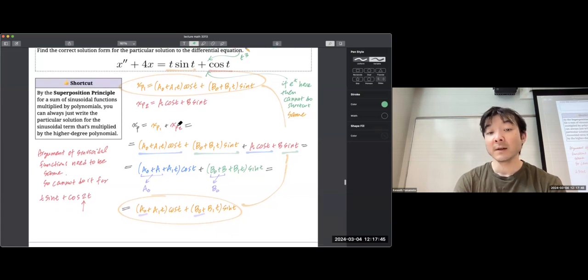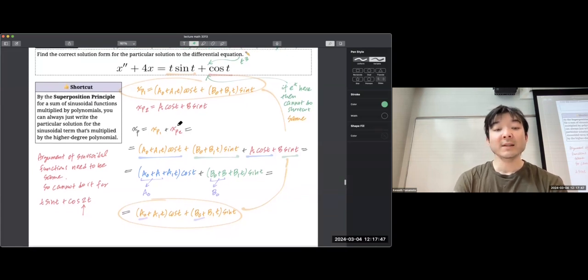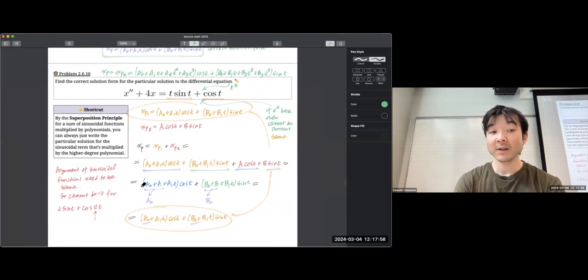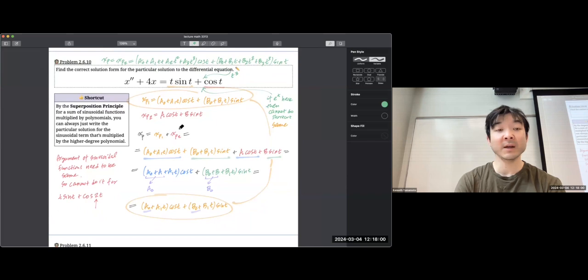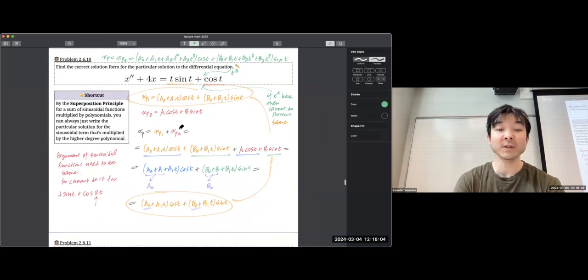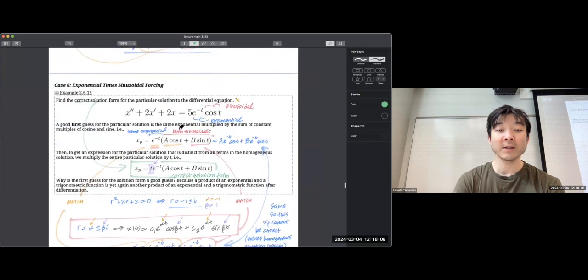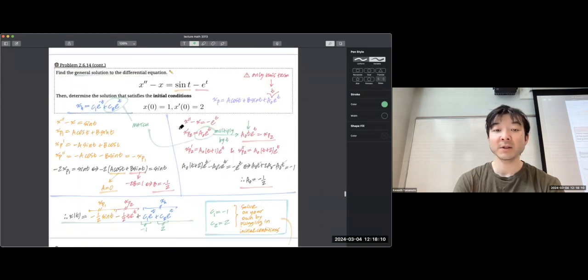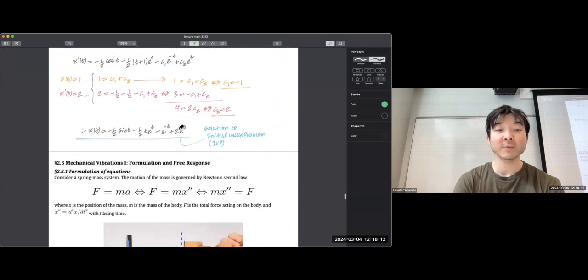It's not a lot of work if they don't ask you to solve for the coefficients, but if you were solving for the coefficients, it's more efficient because you're reducing the number of coefficients you have to solve for. I skipped that earlier because I thought it would be distracting at the time, since we didn't even talk about superposition. Now that we did that example for superposition, I thought it'd be fine to go back and mention that little shortcut that comes from superposition.